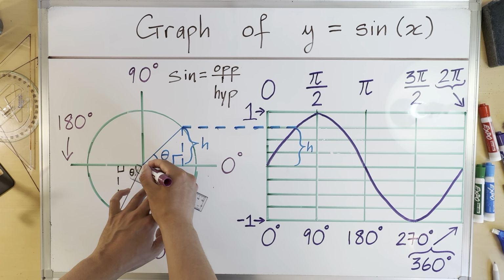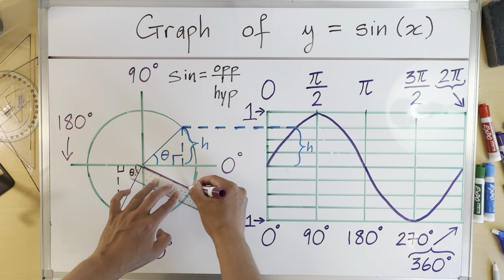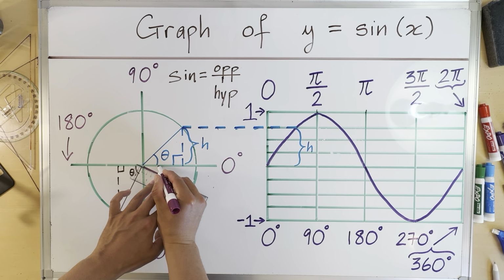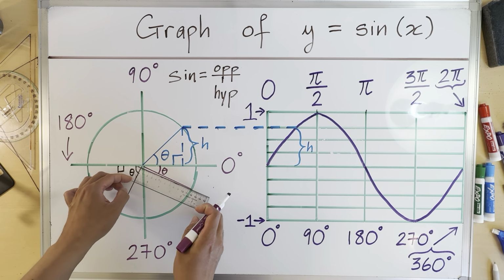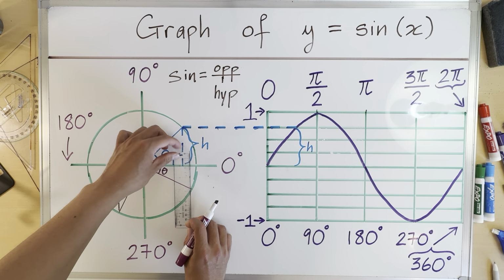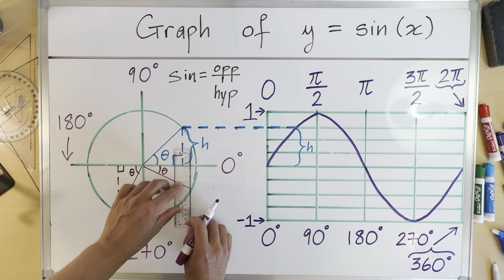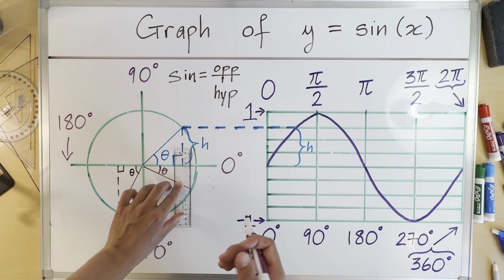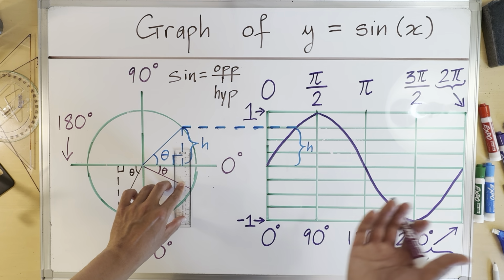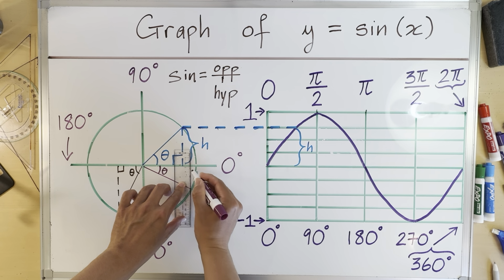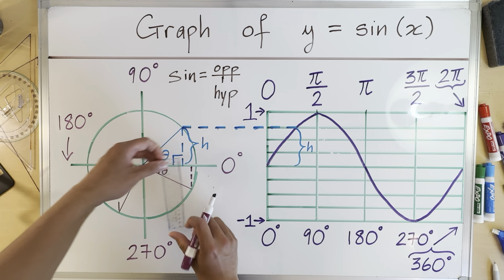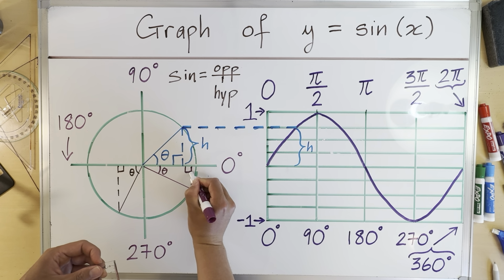So let's assume the rotating arm is right over here. Now this means that angle theta would be right here. And this also means that the side of the right-angled triangle that is exactly and directly opposite of angle theta would be right over here, with the 90 degrees being over here.